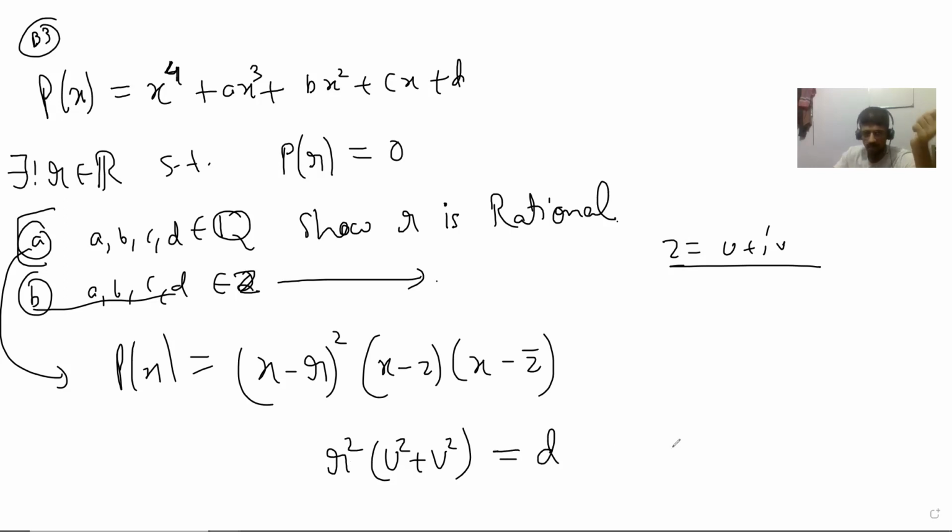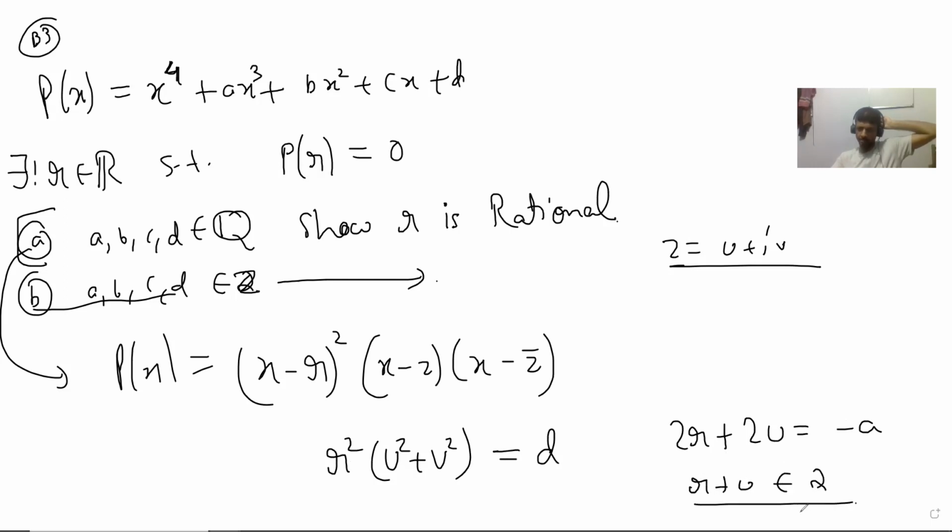Right? This is rational. And then you also know that this is rational. Yeah, so from here, correct. r plus u is rational.